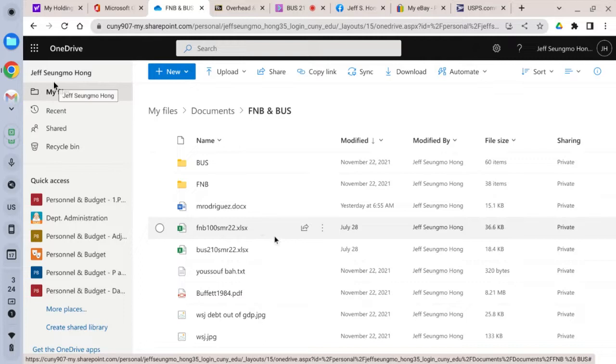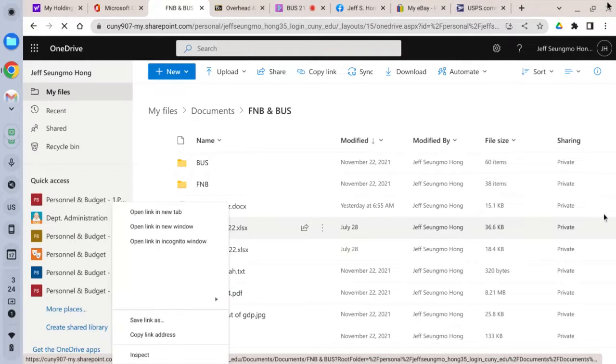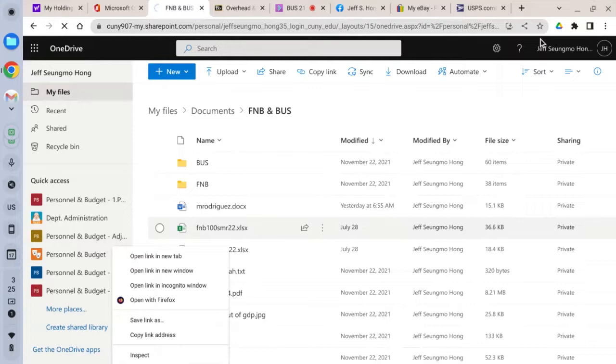There it is. Okay. Oh, the thing is, the mouse isn't working. It's full. So I can find the file.